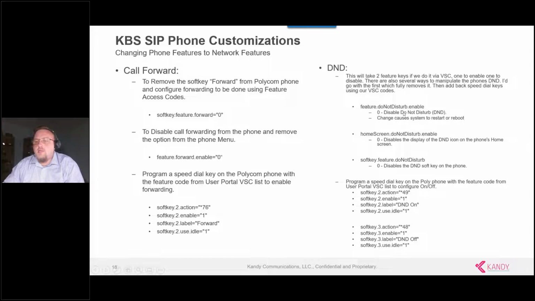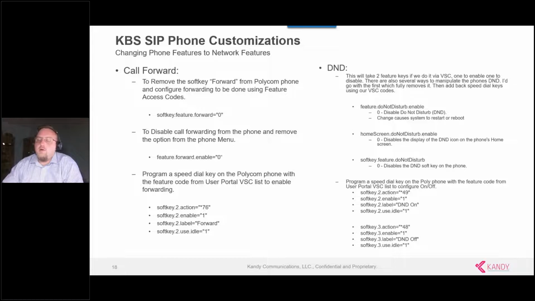The do not disturb, again, there are multiple features in here that you can do. If you wanted to disable the do not disturb functionality of the device, you could use this top parameter. There are also specific parameters, say you just wanted to remove it from the home screen, or just remove it from the soft key. You can find the specific parameters for those too.